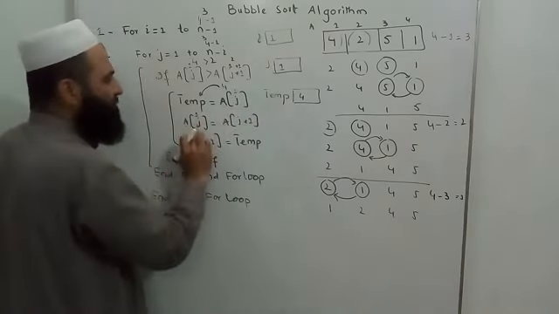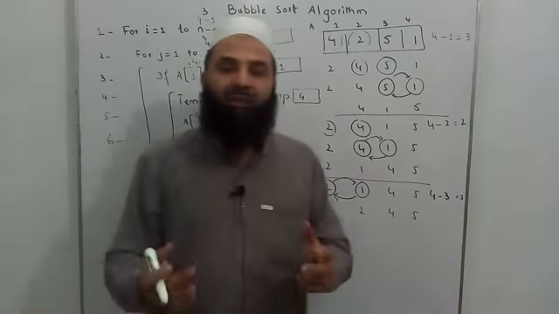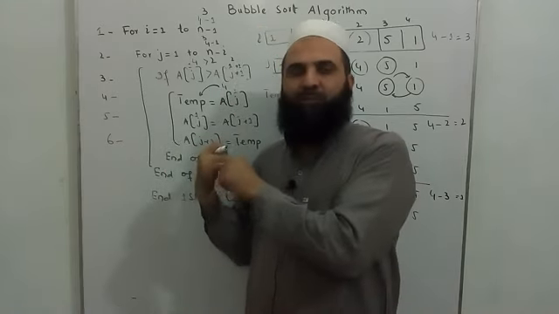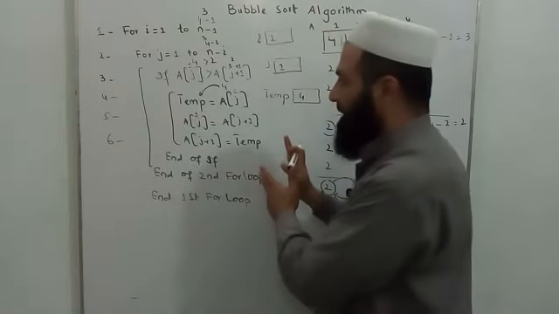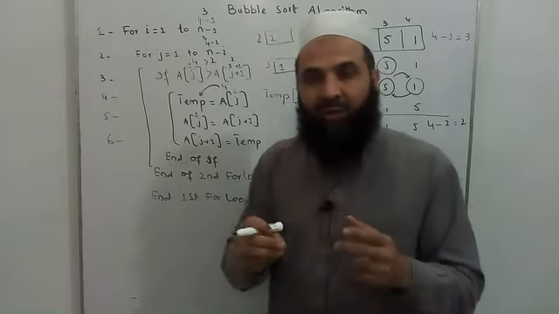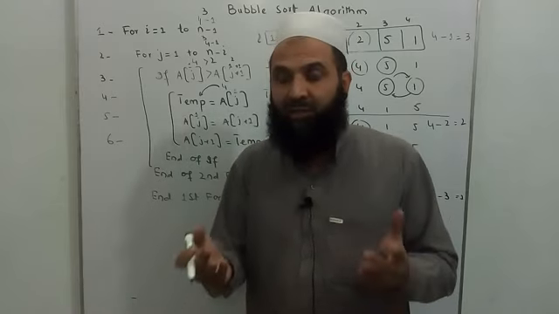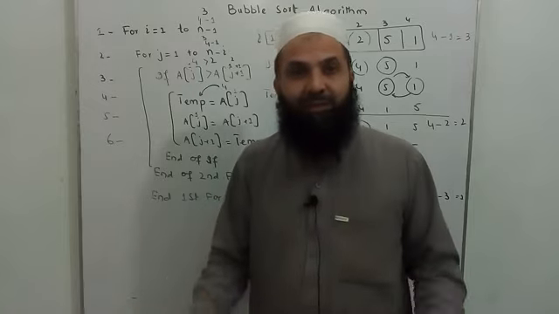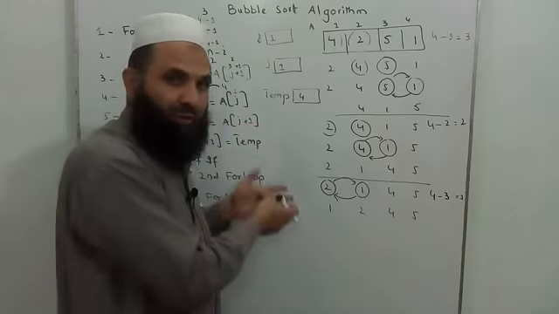If you follow this method, if you execute your algorithm in this way, you will make your logic. This is a way to develop your logic. Logic is a skill, it can be developed. So for this you have to execute the algorithm in this way.